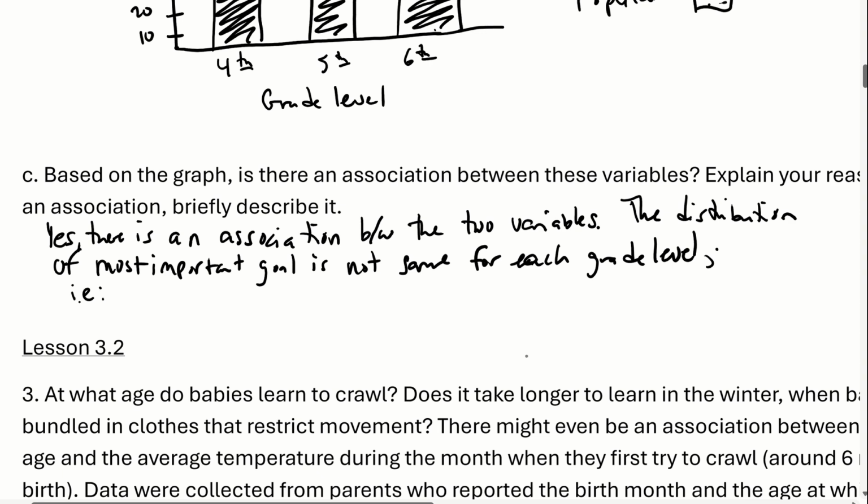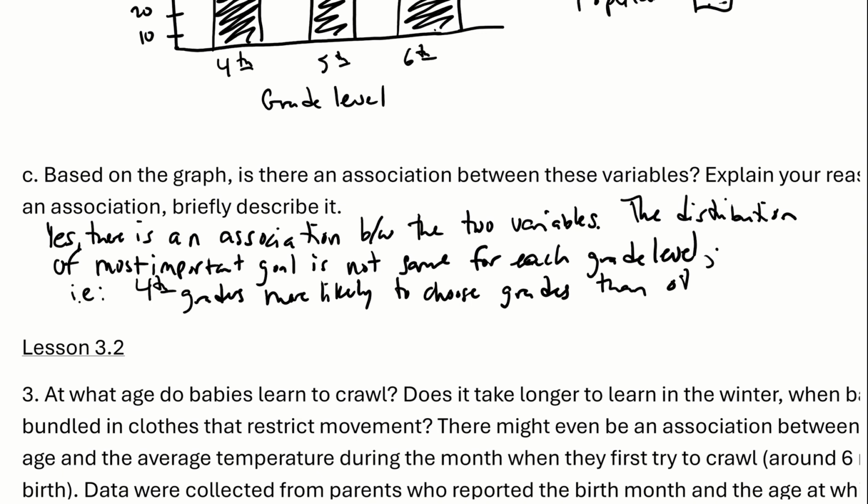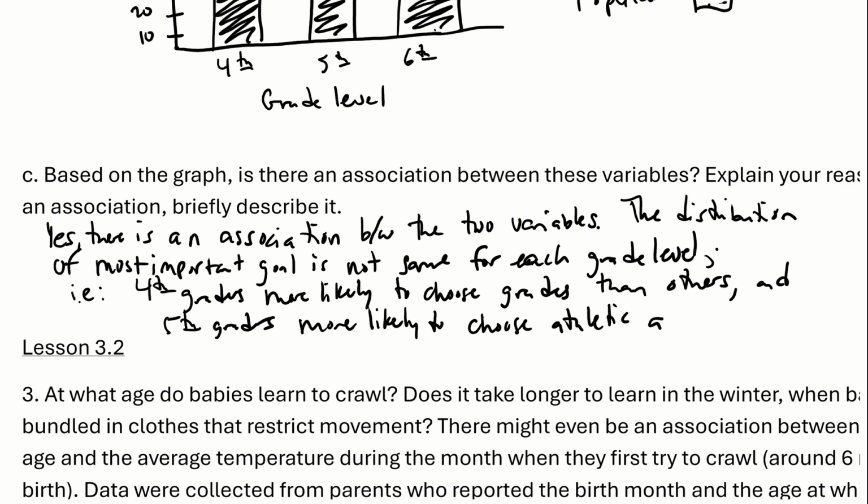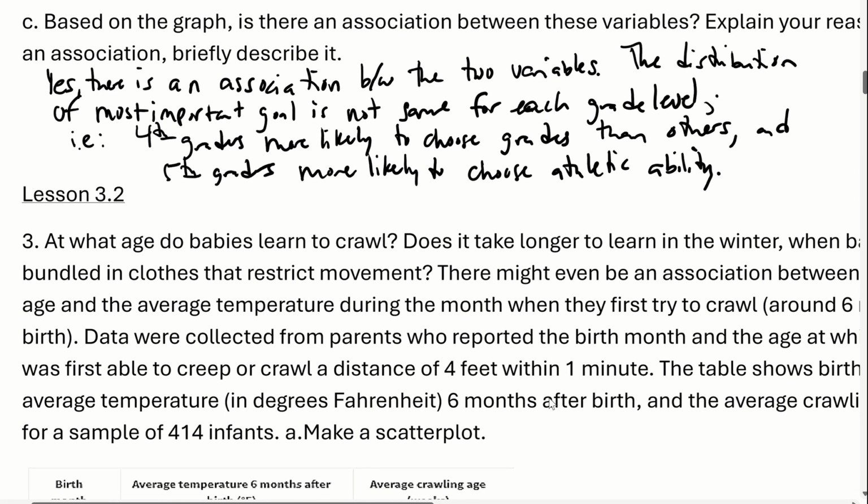For example, 4th graders more likely to choose grades than the others. And 5th graders more likely to choose athletic ability. Okay, so there is an association there. There's a pattern there between the grade level and the important goal.